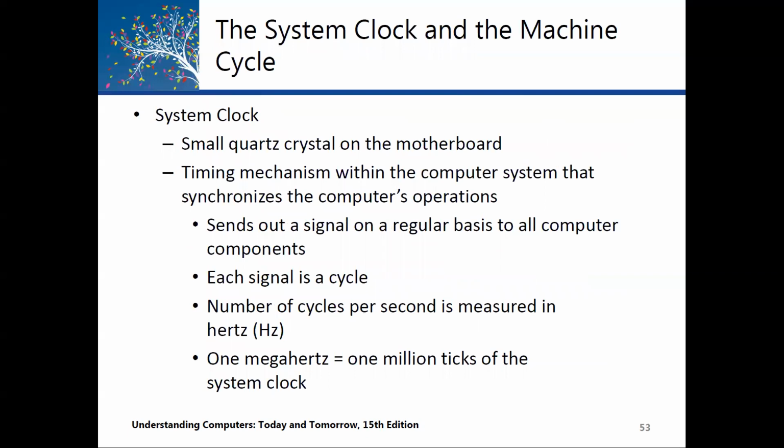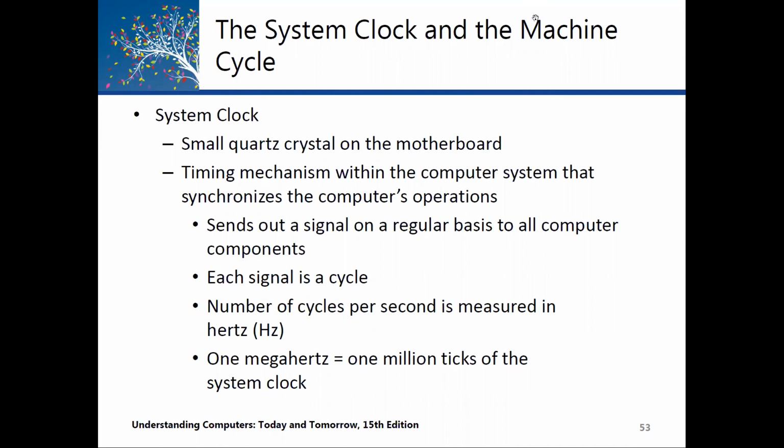Okay, the system clock. The system clock is made up of small quartz crystals that are located on the motherboard, right? In order to synchronize all of the computer's operations, a system clock is used.